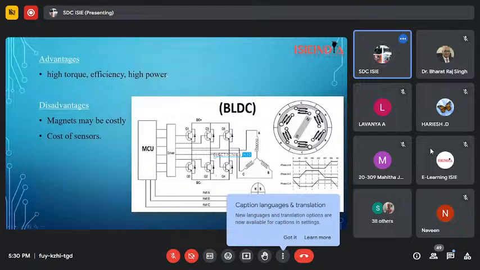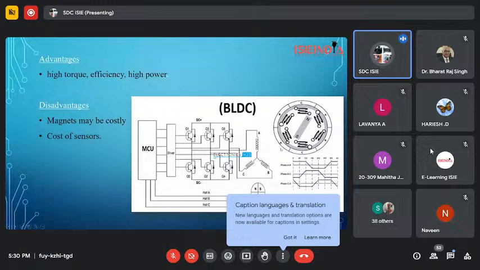So this A phase, B phase, and C phase, these are the coils here. A, B, this B coil and this B coil, C, this C coil and C coil. In this, the star connection is done here, so there is no need to give neutral here because it's already 3-phase connected in star connection.